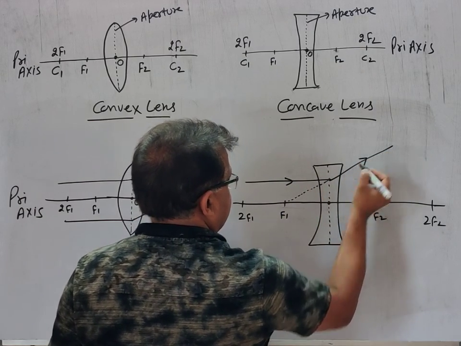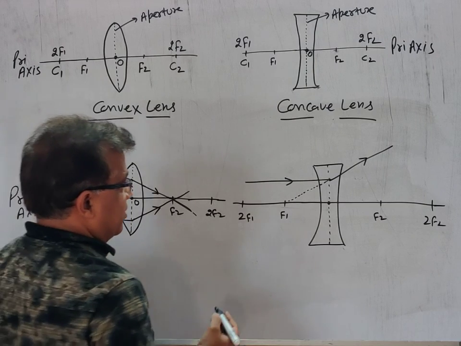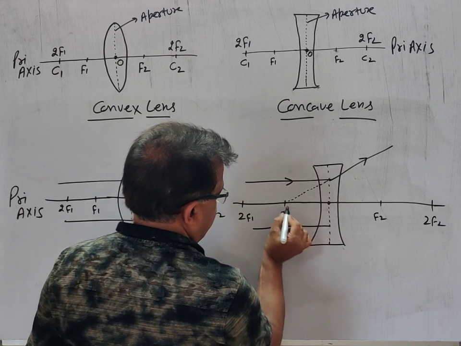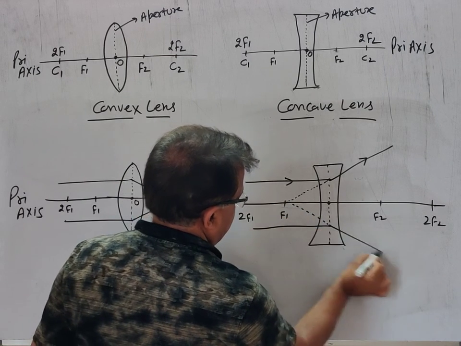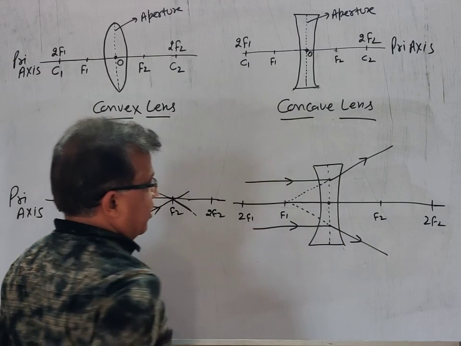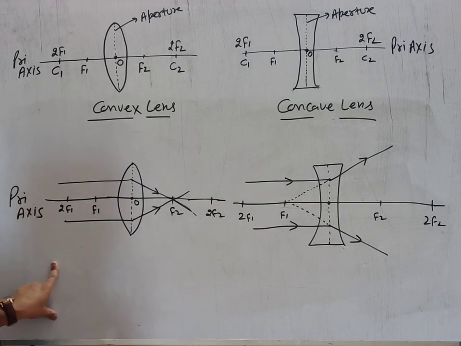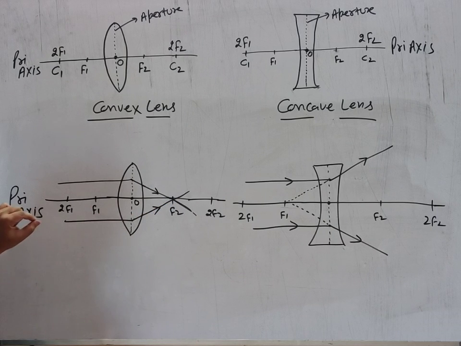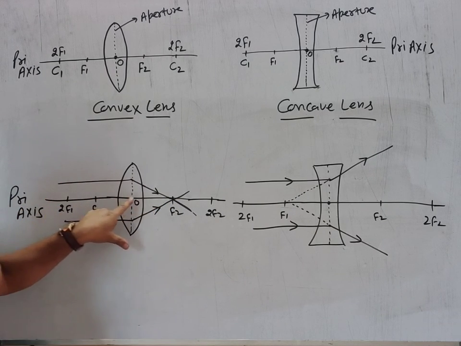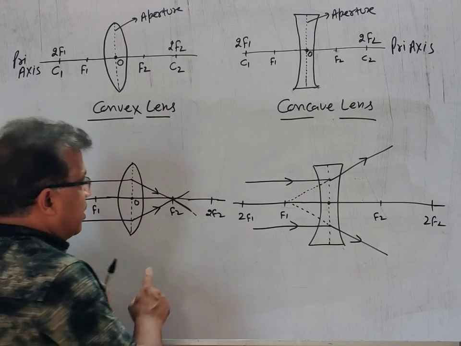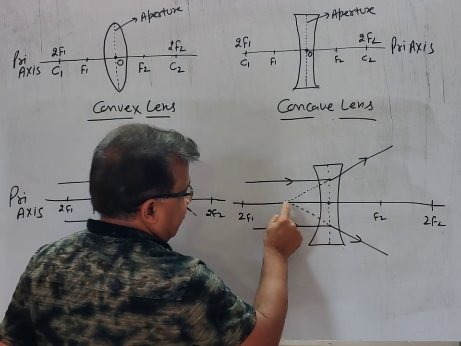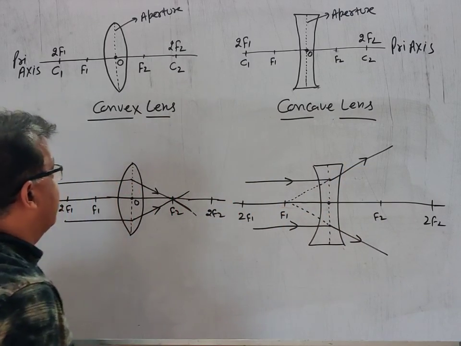Incident ray, refracted ray. Same in this case, incident ray, refracted ray. So now principal focus I have explained. It is a point on the principal axis where incident ray parallel to principal axis converge, as in case of convex lens, or diverge as in case of concave lens.